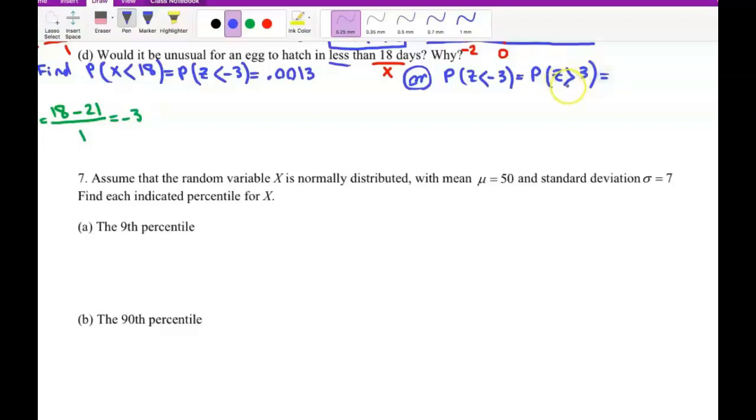Since this is greater than, this is the area to the right. So that means you need to subtract: 1 minus the area to the left. So 1 minus, now use table, and when z is equal to 3, the area in the body of the table is 0.9987. So subtract, here we got exactly the same answer, 0.0013.